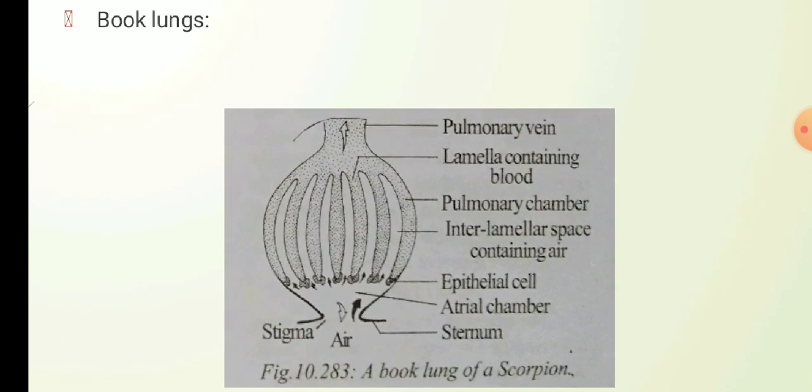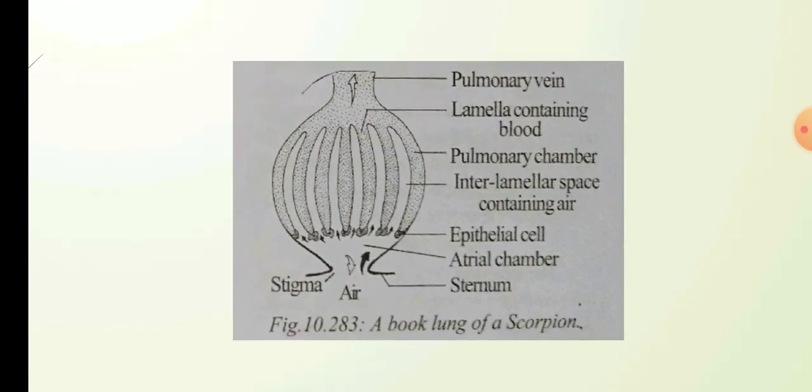In this picture you can see the stigma. The oblique slit-like stigma forms an opening for the book lungs to the exterior. The cavity of each book lung is lined by a thin cuticle which is formed into numerous folds called lamellae. These lamellae are arranged parallel to one another, giving the appearance of the leaves of a book.